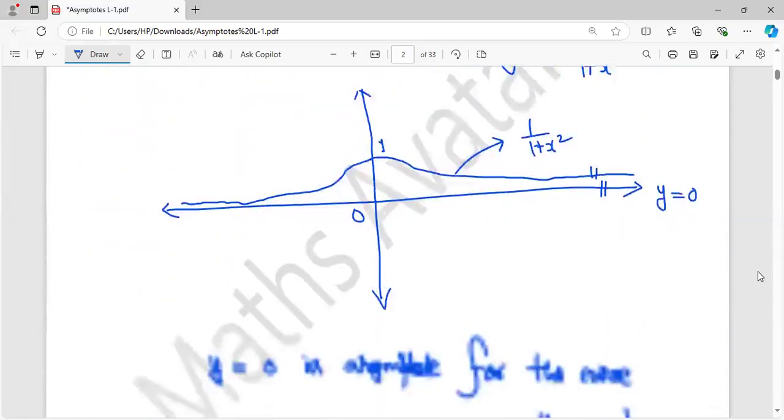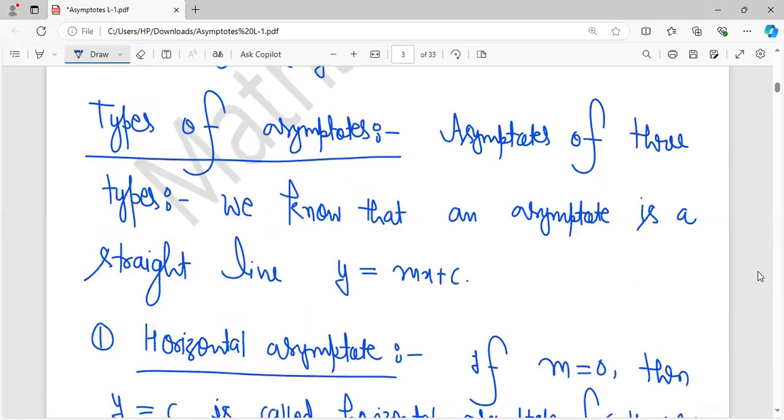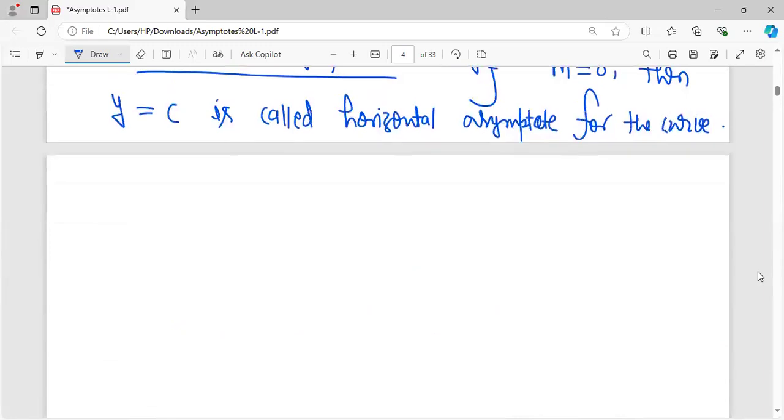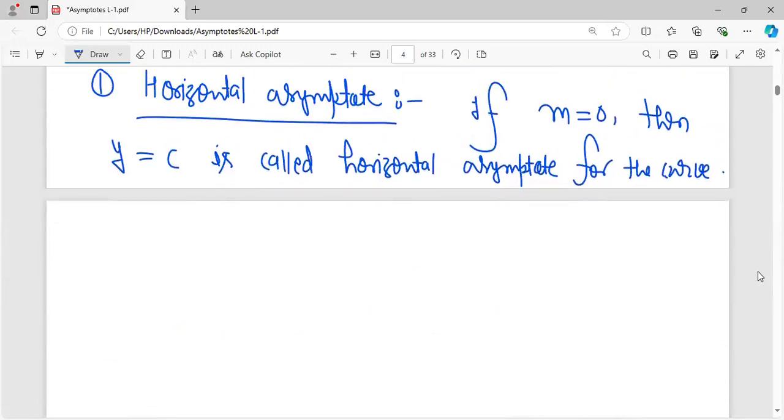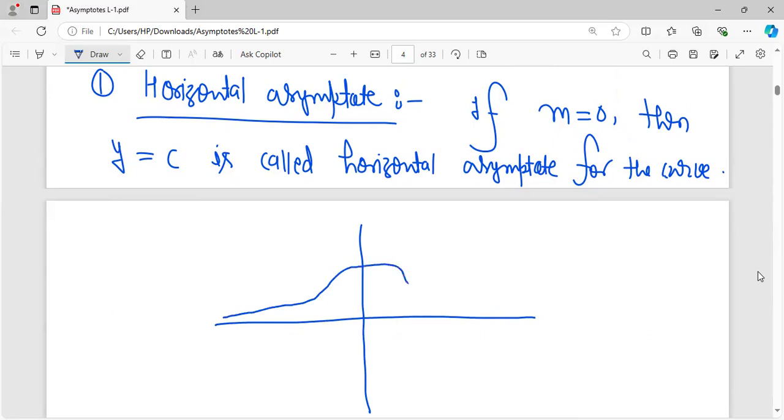You see this one. This is y is equal to 1 upon 1 plus x square. So y is equal to 0.